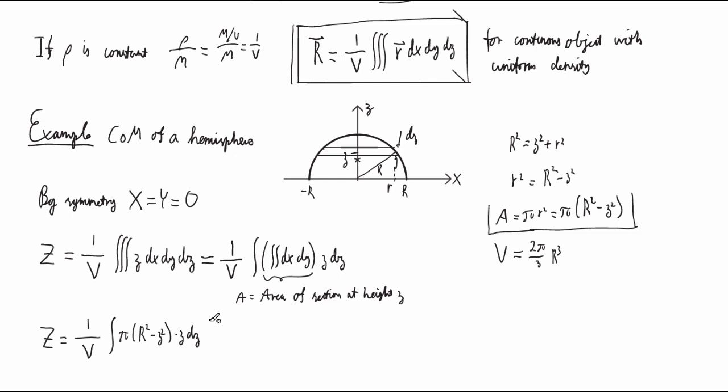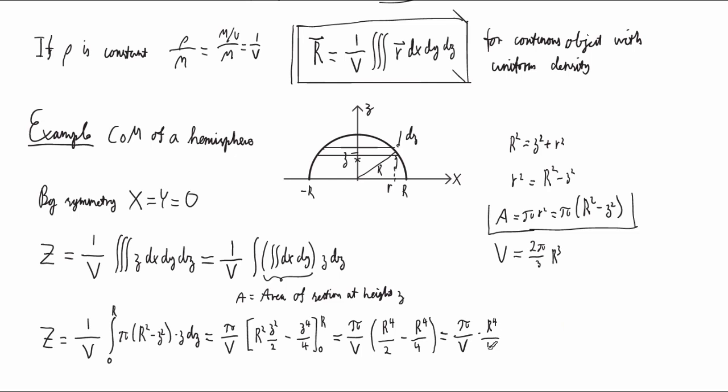And we have to integrate now z from 0 to R. Those are all the possible values that z can take. And then we'll plug in the expression for the volume.